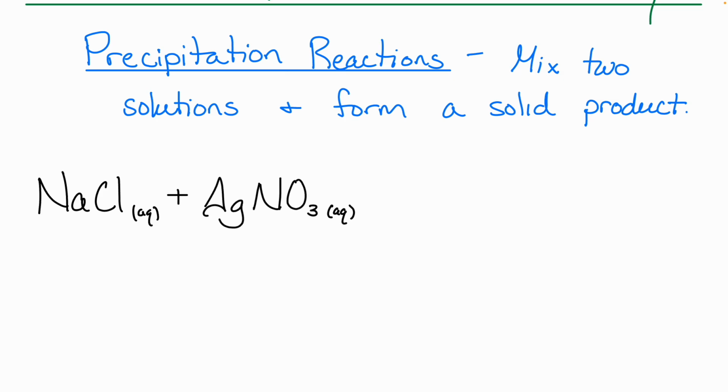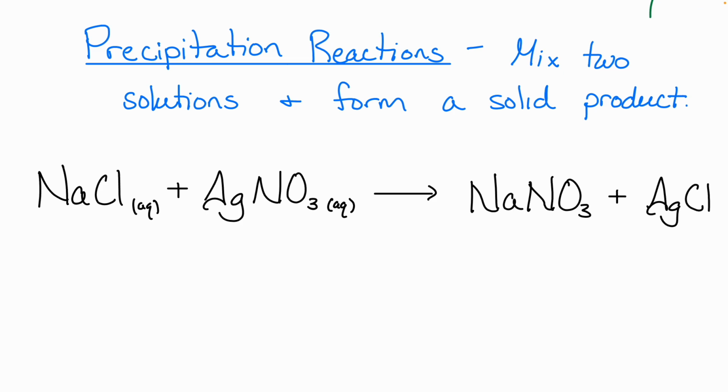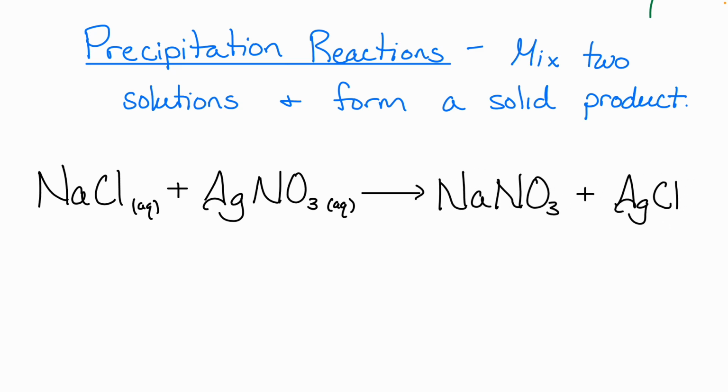This is going to be a double displacement reaction, so I'm going to swap the sodium and the silver. So now I'm going to pair the sodium with the nitrate and the silver with the chloride. All right, but again, now let's look at the states of matter of these products here.